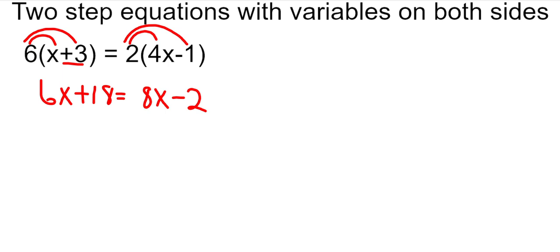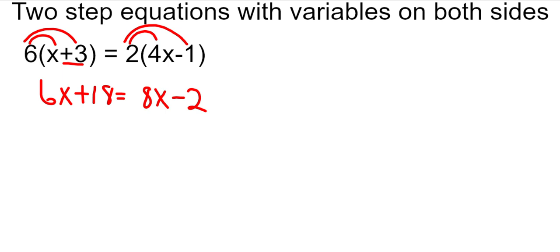Now that I have gotten rid of my parentheses and moved them out of the way, I can solve this like a standard two-step equation. I need to get all of my variables on one side of the equal sign, and I need to get all of my numbers on the other side. I personally like working with positive x's.